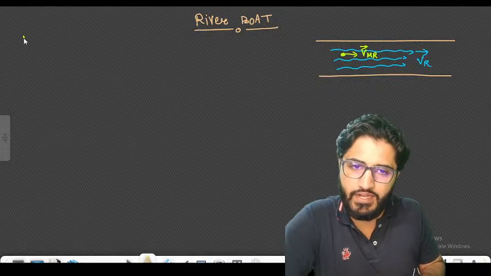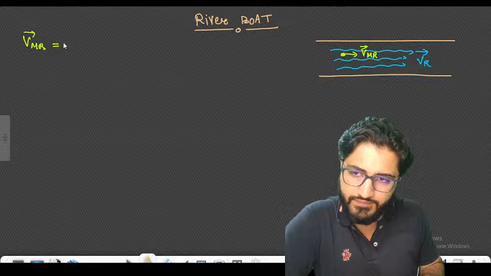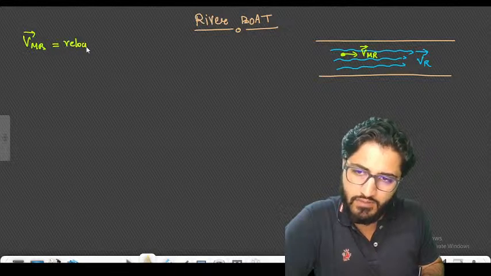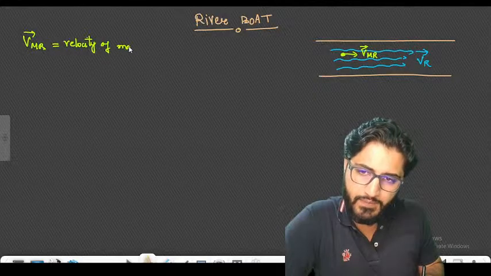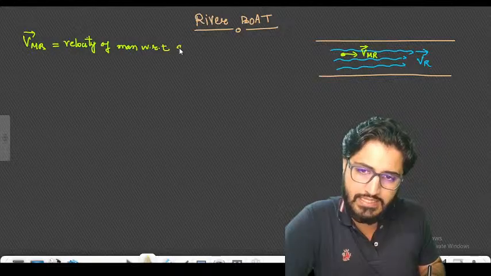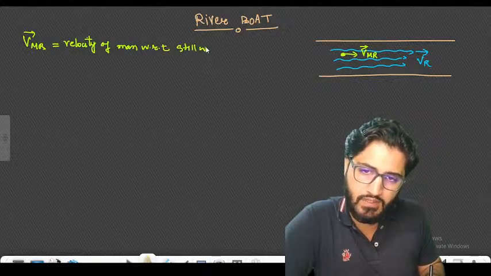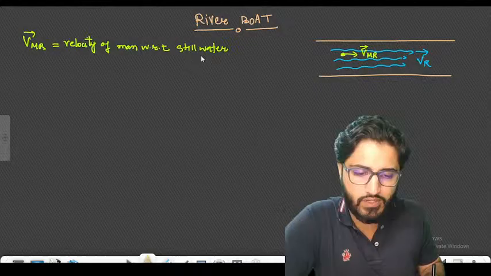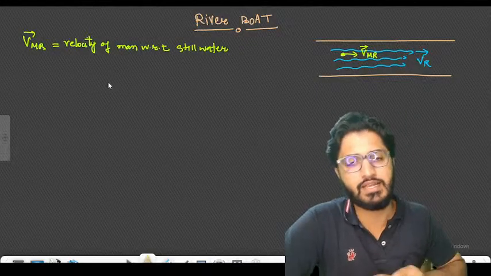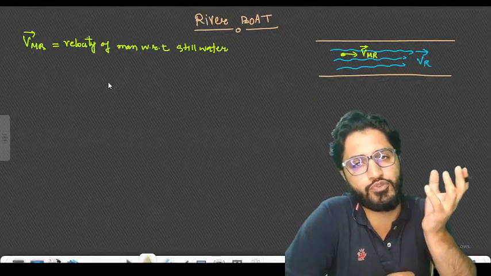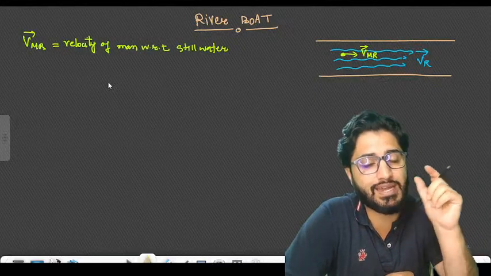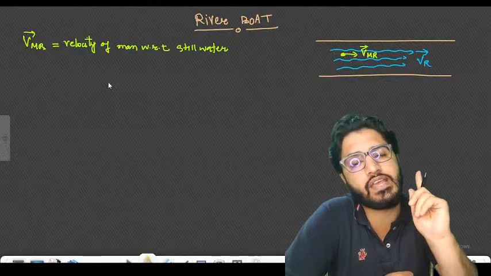You will find three notations. VMR means velocity of man with respect to still water. That means if my water is still, at rest, the person can move inside this river with a VMR speed.